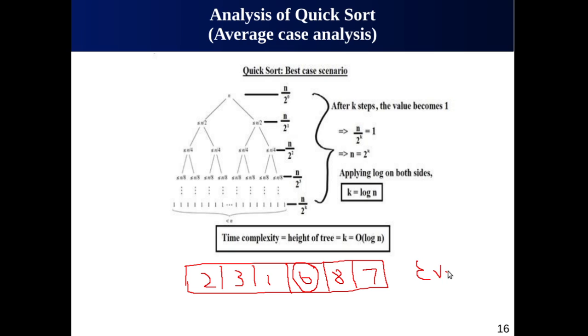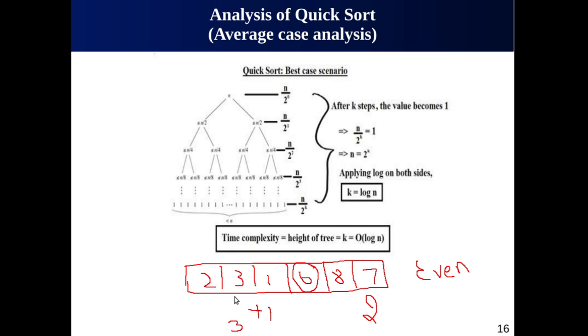In this case, one of the sides, either left or right, will contain one more element. Here the left hand side has one more element. For example, we have a total of 2 elements on the right hand side, but on the left hand side we have a total of 3 elements.